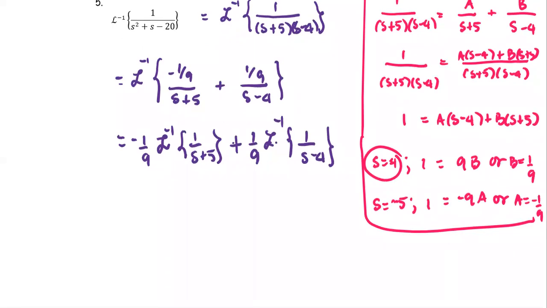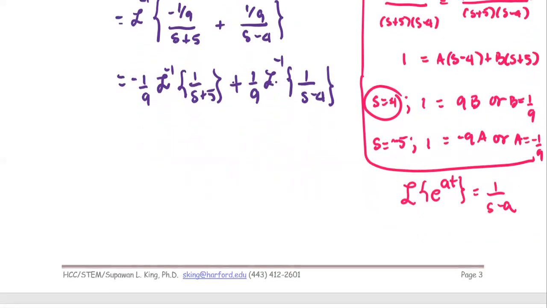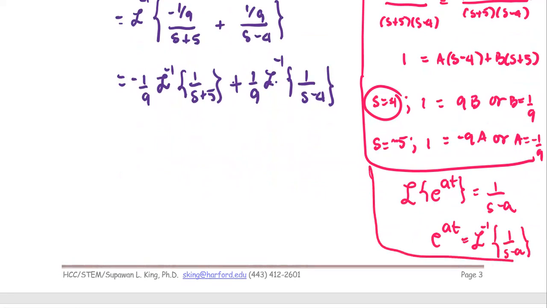And from the theorem, the Laplace transform of e to the power at is 1 over s minus a, or e to the power at equals the inverse Laplace of 1 over s minus a. From this theorem, we can see the first fraction, the a is negative 5, and the second one, the a equals 4.